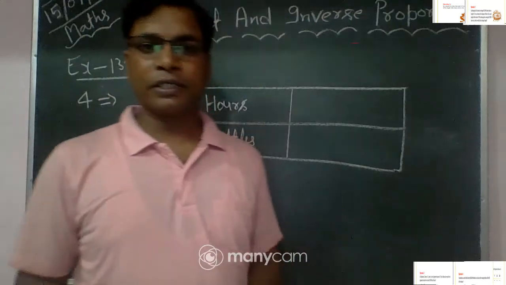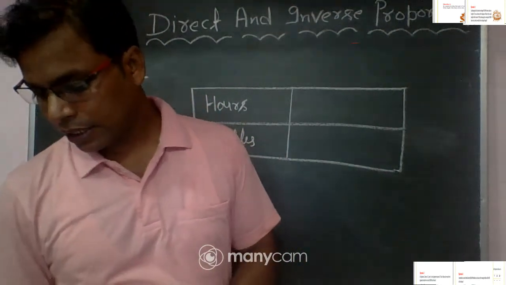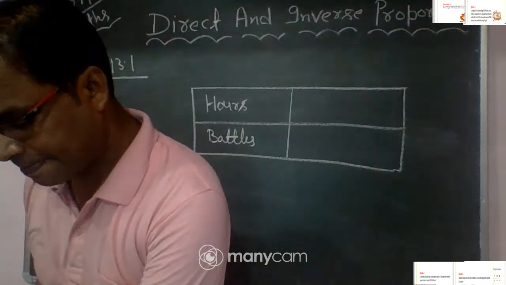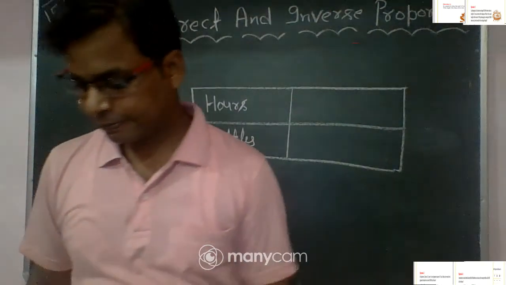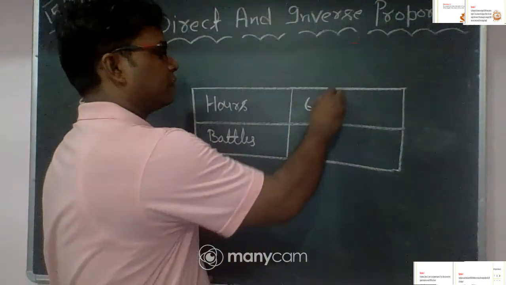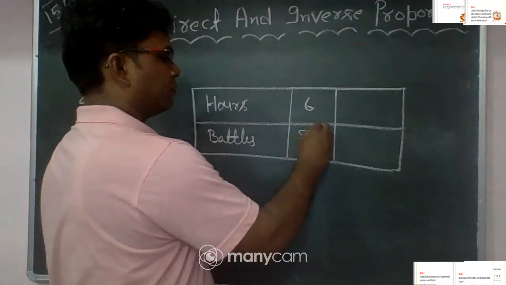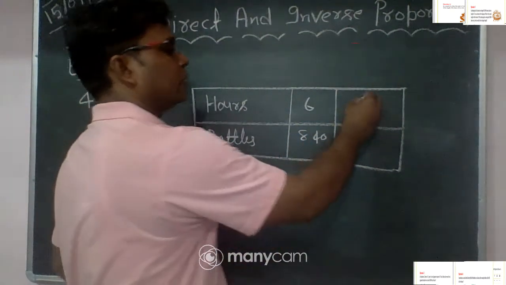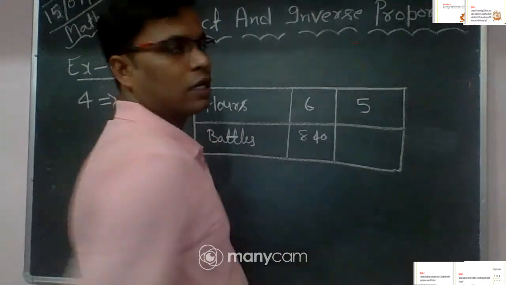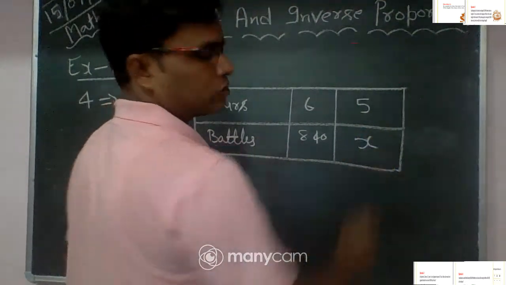So 6 hours, how many bottles is given? 6 hours, 840 bottles. Okay, so 5 hours, how many bottles? Let it be x bottles.